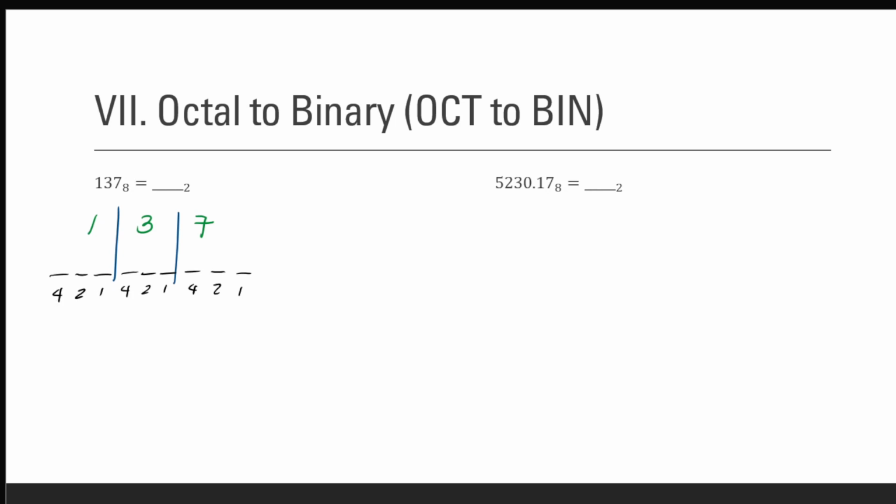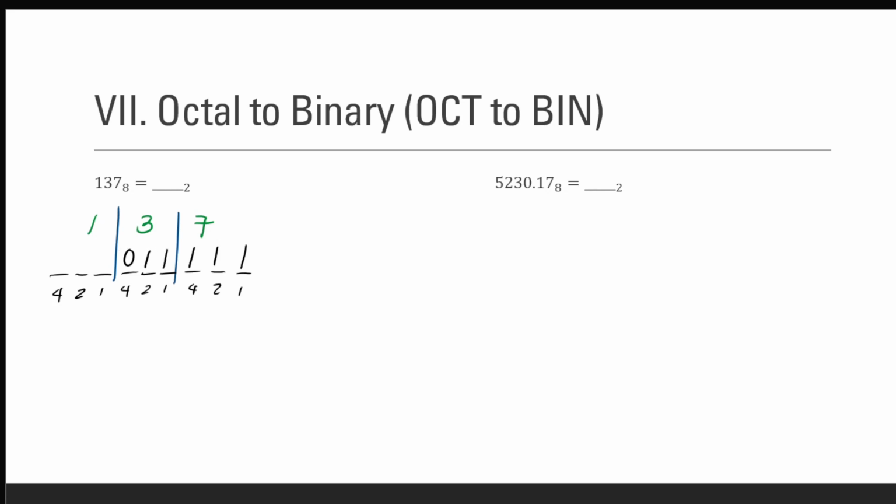Tapos lalagyan niyo lang ng marka na 1 lahat ng places na kung saan yung sum nila ay magiging yung digit. In this case, for example, 7. Ano dito sa 4, 2 and 1 yung kailangan natin para magkaroon tayo ng sum na 7? Di ba lahat yon? So 4 plus 2 is 6 plus 1 is 7. So lahat sila lalagyan mo ngayon ng 1. Proceeding to the next digit, we have 3. So we have 2 plus 1, so we have 1, 1.